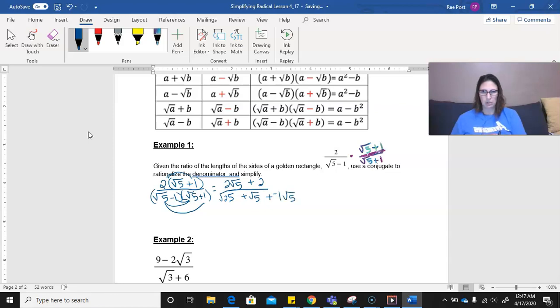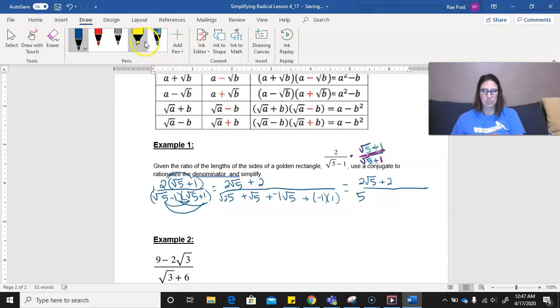And then one more, your last term. So it'll be negative 1 times 1. And I'm just going to extend my line here because that bottom got a little long. All right, so we know our top was 2 square root of 5 plus 2, and our denominator here, square root of 25, you guys, is just 5. And look at this, we have the square root of 5 and we have plus a negative square root of 5.